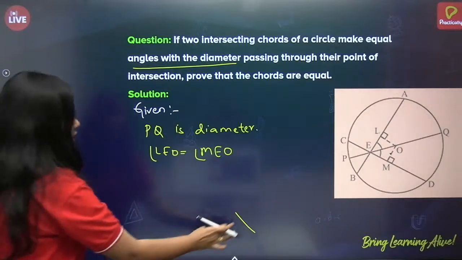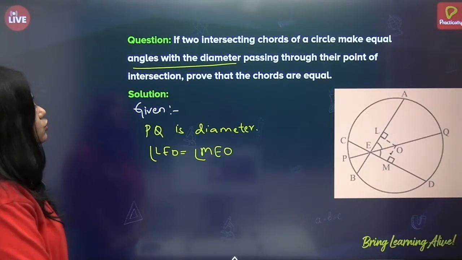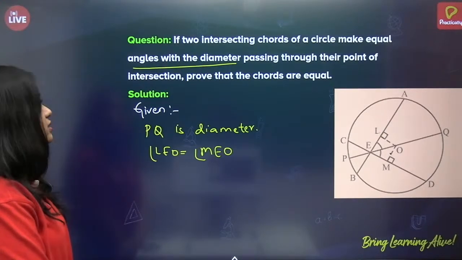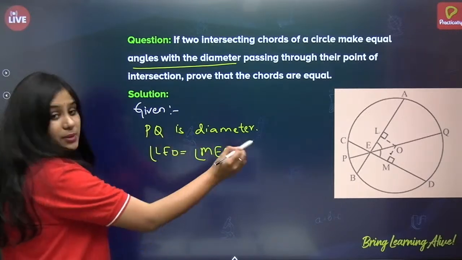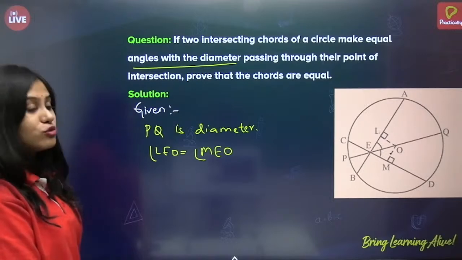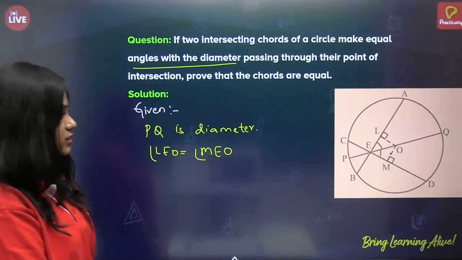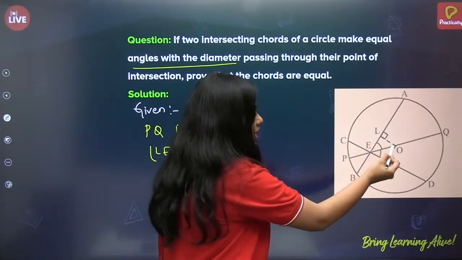Okay, next, what else do we have in the question? We have to write two intersecting chords of a circle make equal angles. Yes, we have written with the diameter. PQ is the diameter passing through their point of intersection. Prove that the chords are equal. Okay, so now what do we have to do? From the center O, draw OL and OM.